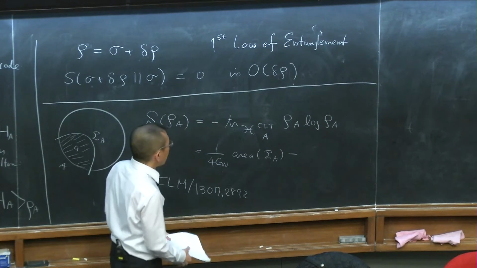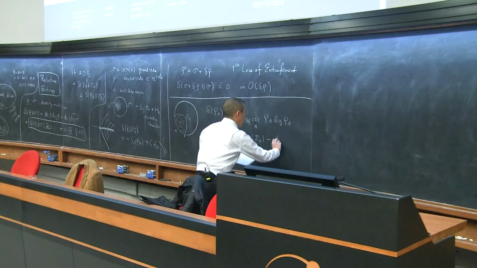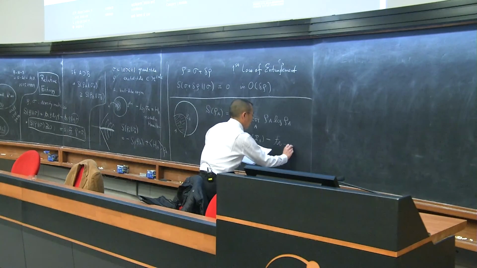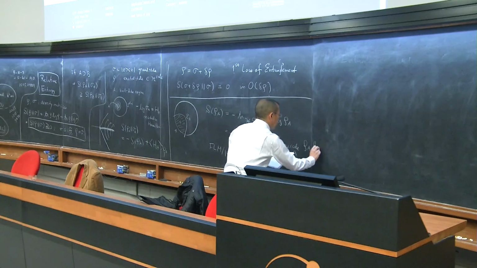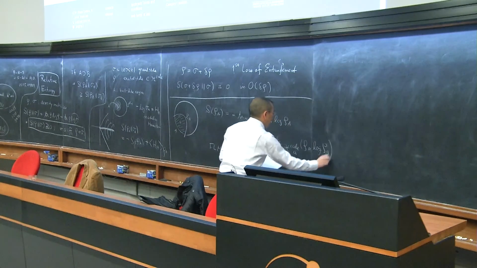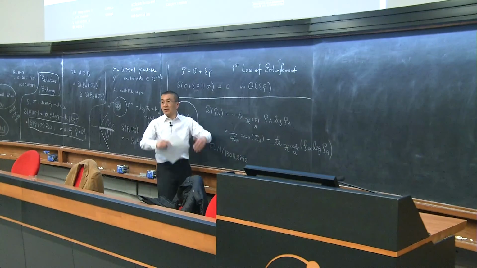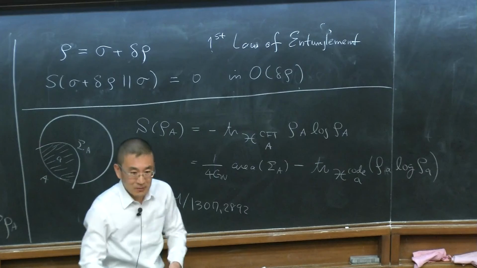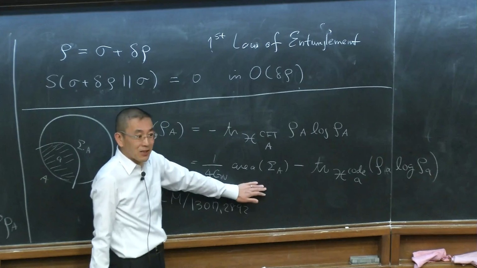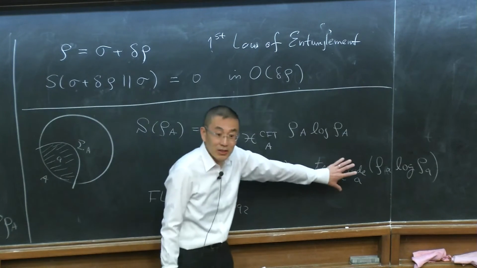1307.2892, that the correction can be regarded as the entanglement entropy calculated for the bulk quantum field theory. So the leading part, if you expand in Einstein gravity with small fluctuation by loop expansion, is a classical piece, which is given by this Ryu-Takayanagi formula. But then there are corrections.